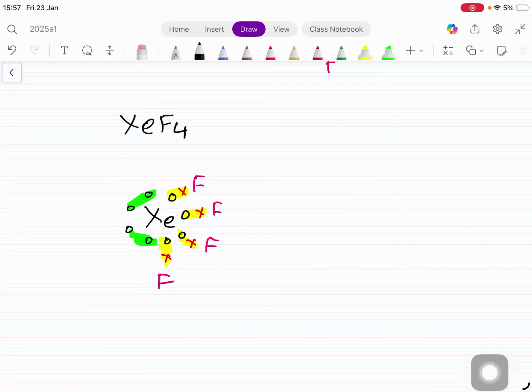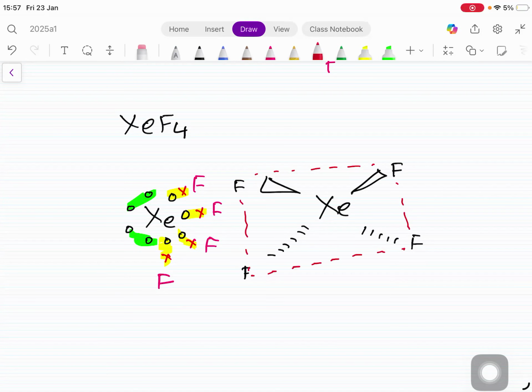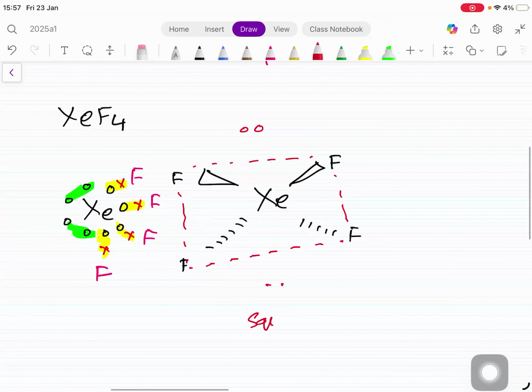So what is the shape then? Please pay attention. Here is the fluorine, here is the fluorine, here is the fluorine, here is the fluorine. The ones that were on the top now actually turned into this. So this is square planar with a bond angle of what?